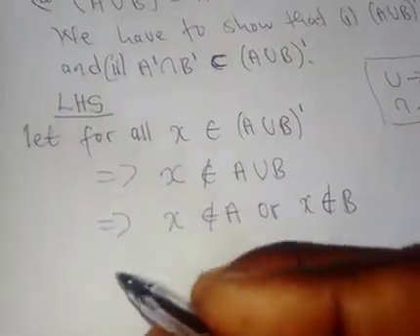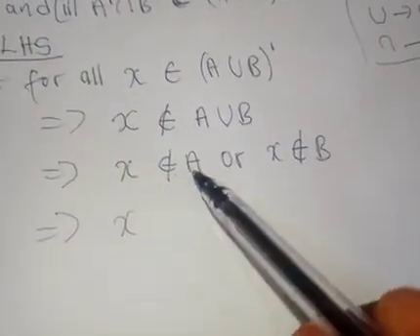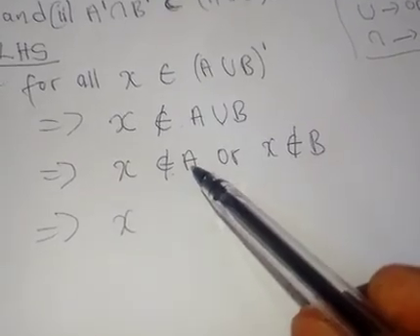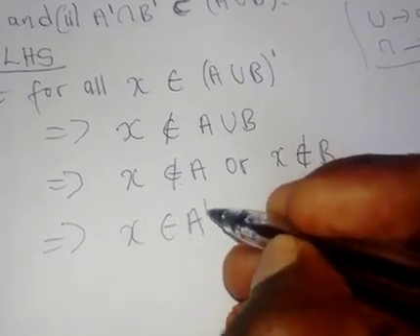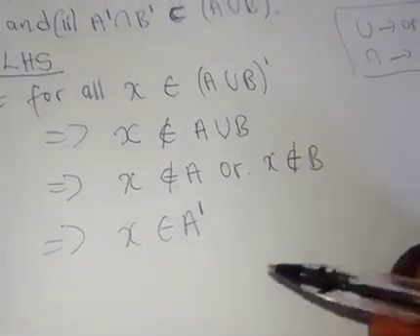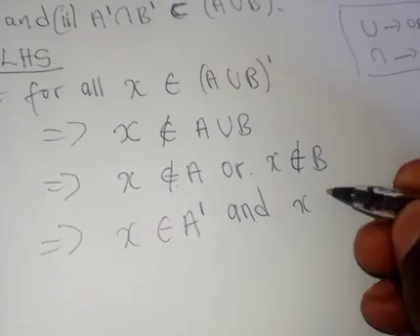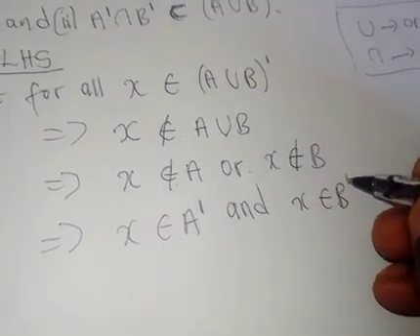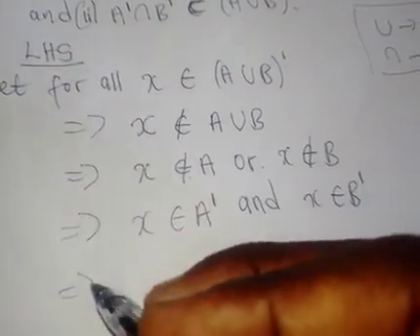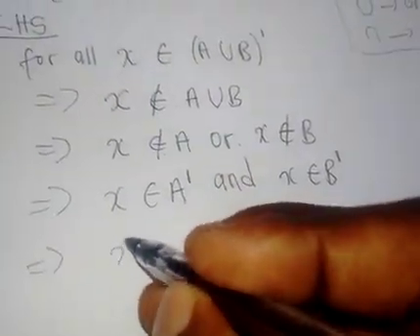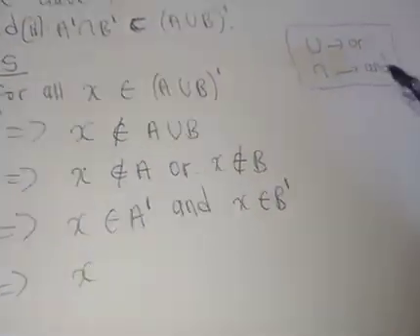Then this implies that, since x is not a member of A, meaning x is found outside A, x is a member of A complement, and this "or" changes to "and": x is a member of B complement. Then we combine the two for "and" using intersection.